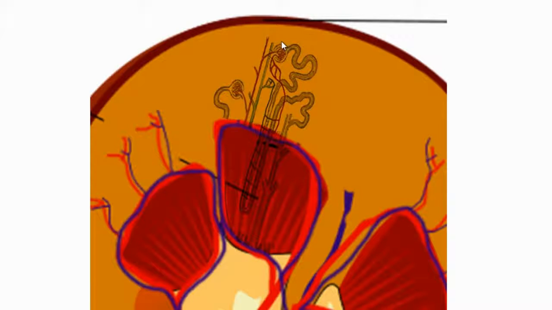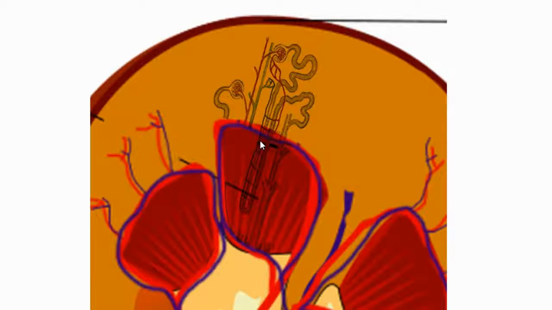And then if we look at the nephron, you can see that the renal corpuscle lies in the renal cortex, and you've got parts of the renal tubule as well. It's worth pointing out at this point that this is obviously not to scale of any sort. It's just diagrammatic to show you what parts of the nephron are in the cortex and what parts are in the medulla.